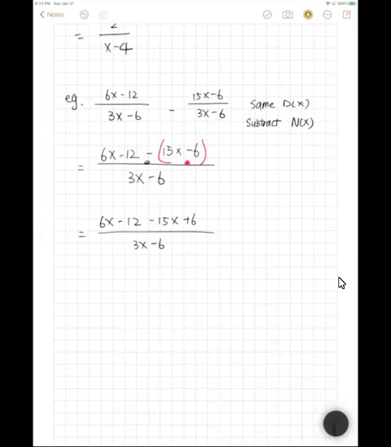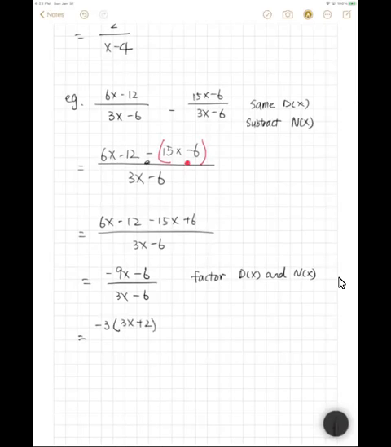Now we combine the like terms. I have negative 9x minus 6 over 3x minus 6. Now we want to factor the denominator and the numerator. For the numerator, the common factor would be negative 3, so I have negative 3 times 3x plus 2.